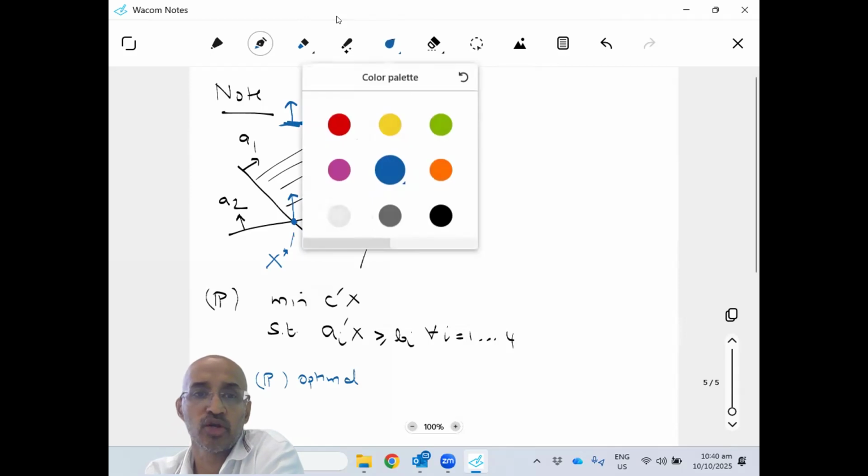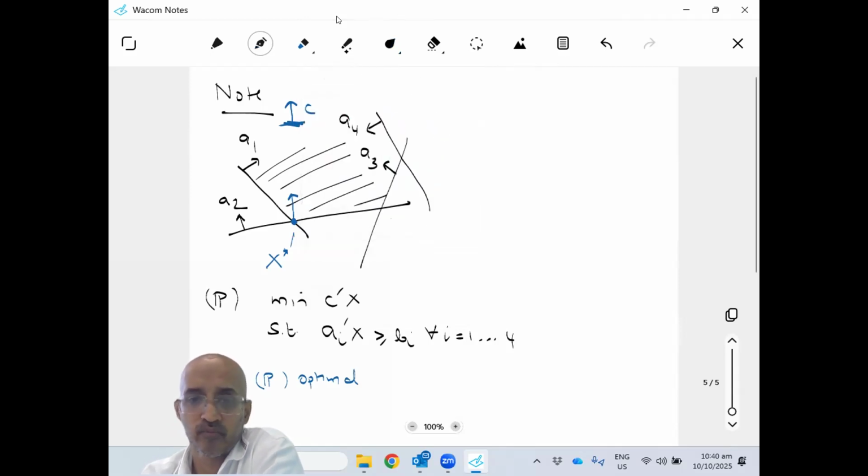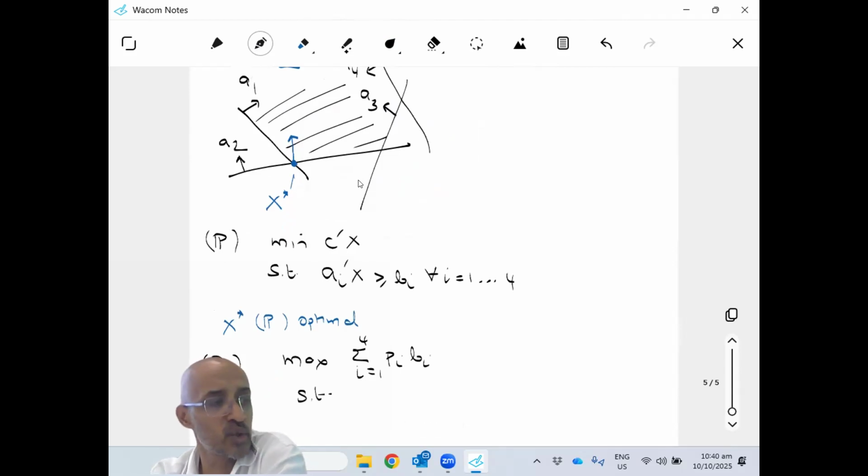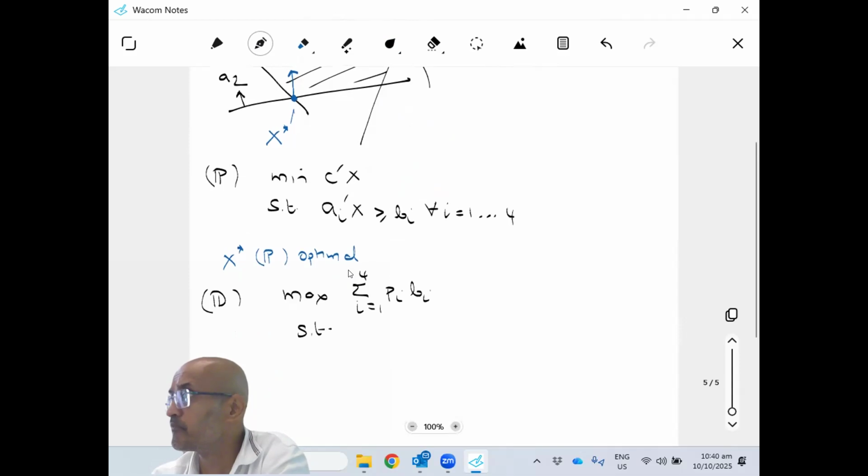So what is the dual problem? Let me write the dual. The dual will be to maximize the sum over I from 1 up to 4 of PI BI, subject to P transpose A less than or equal to, so because the constraints are greater than or equal to in a minimization problem, all the dual variables have to be greater than or equal to 0.